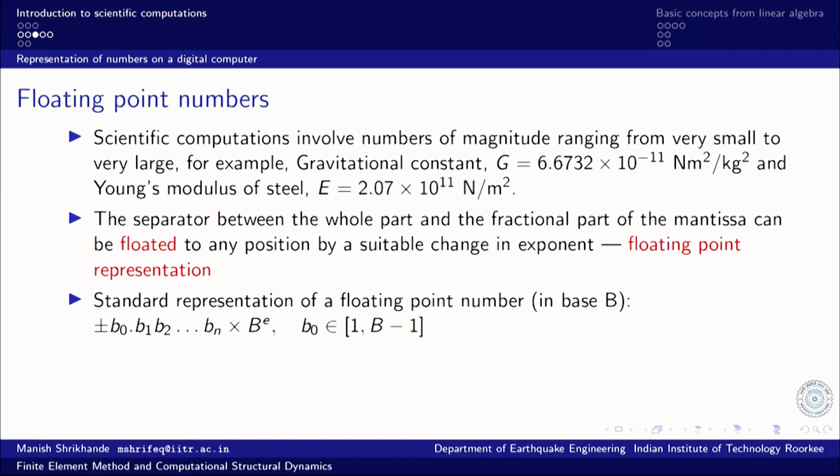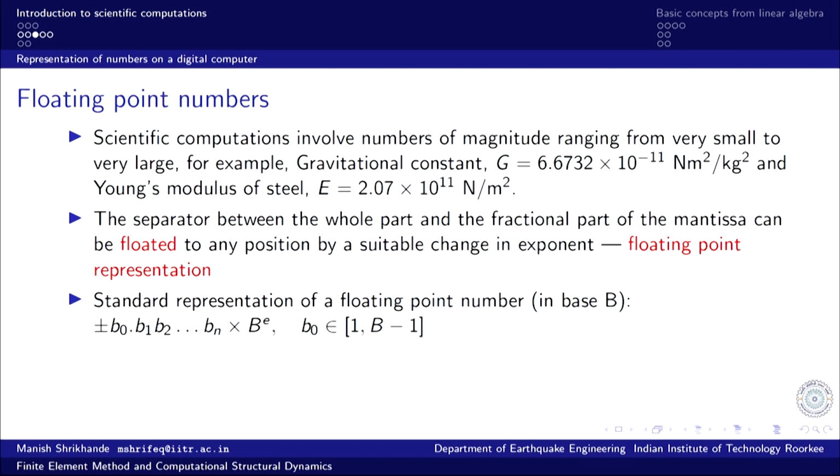So, the standard format for a floating point number in any base: what we are seeing, I have written in the decimal number system, base 10, but it can be in any base.